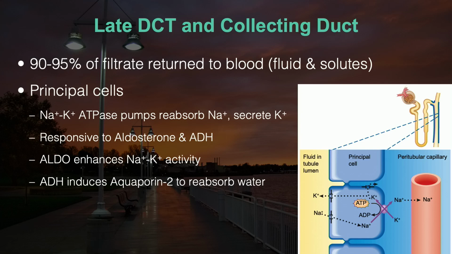And principal cells are, again, a site where we have control over sodium reabsorption and where we're introducing control over water reabsorption. These cells are responsive to hormone signals from aldosterone and antidiuretic hormone.